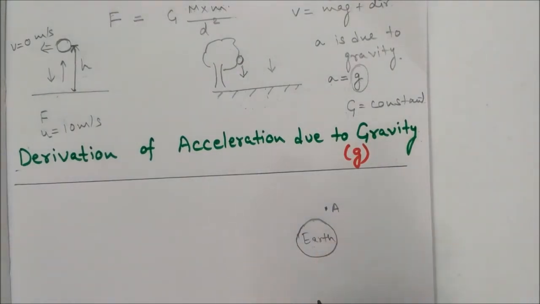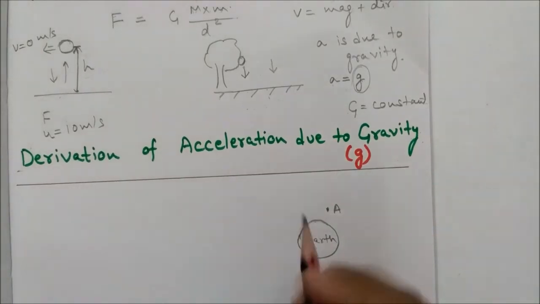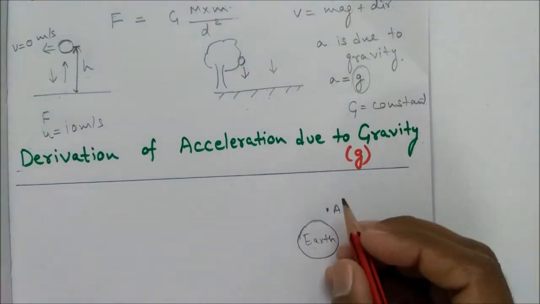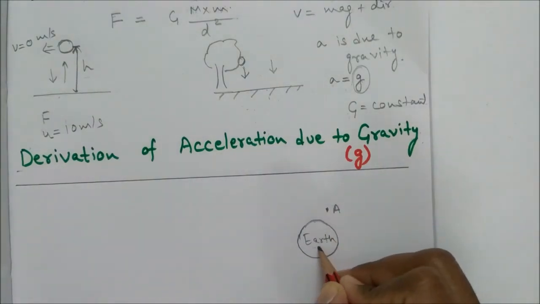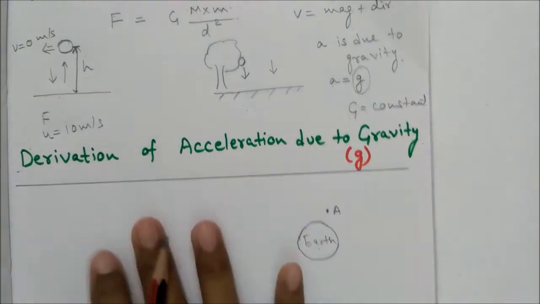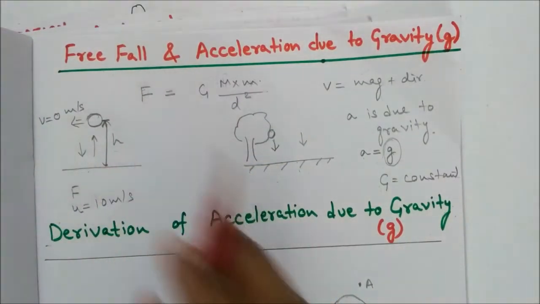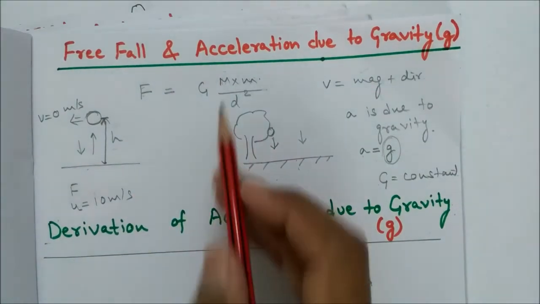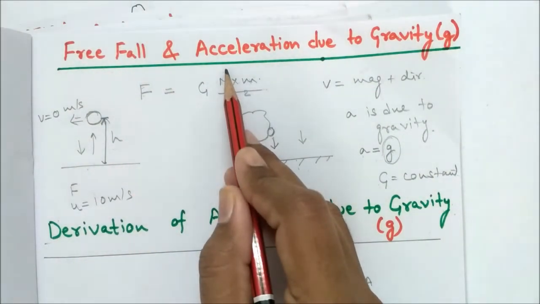It can be anywhere in the entire universe. So while considering acceleration due to gravity, we have to take one of the objects as the earth, because the gravitational force of attraction is due to the earth only. That's why I have taken one of the objects as the earth.